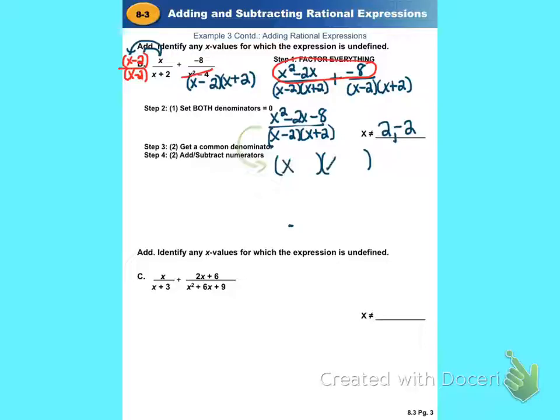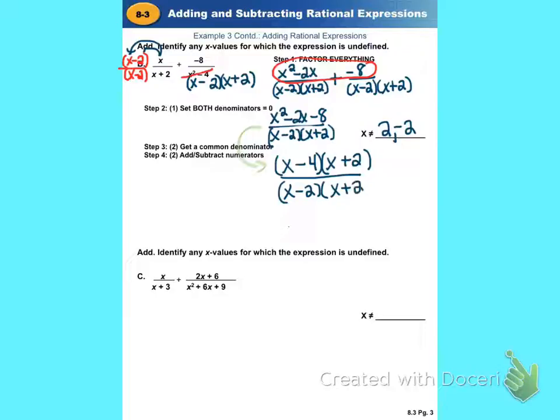They're both going to start off with x, and I'm looking for two numbers that multiply to give me negative 8 but add to give me negative 2. Right away, I'm thinking of a negative 4 and a positive 2. Negative 4 times 2 is negative 8, and negative 4 plus 2 is negative 2, so this would be the factored form.